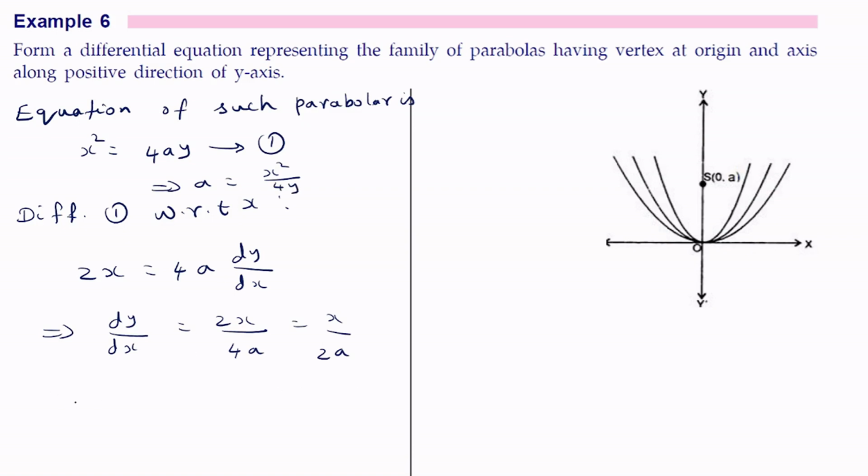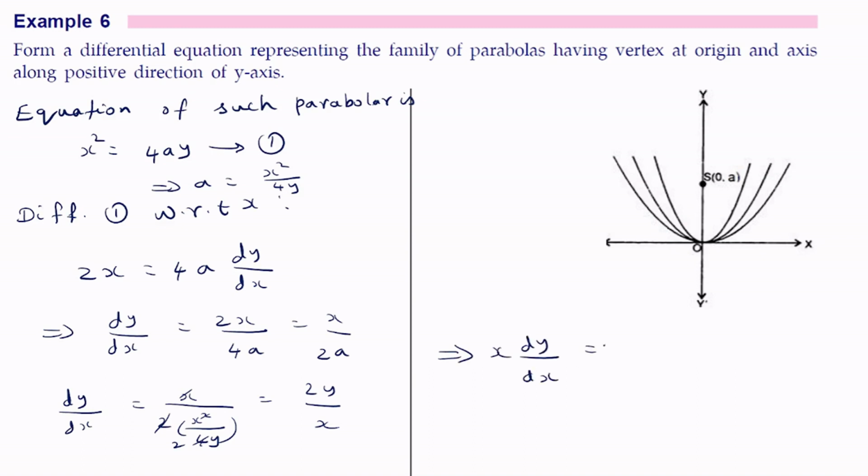So that a we can substitute here. dy by dx is equal to x by 2 into x square by 4y. So this is 2y by x, which implies x dy by dx equal to 2y. So this is the required differential equation which represents the family of parabolas having vertex at the origin and axis along the positive direction of the x-axis.